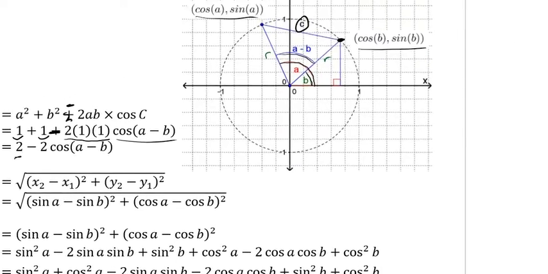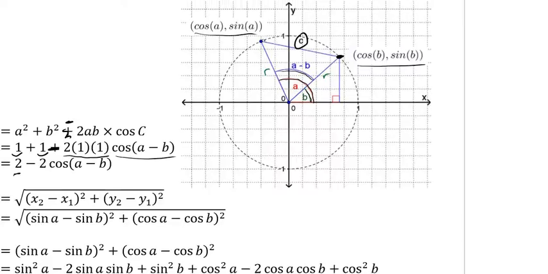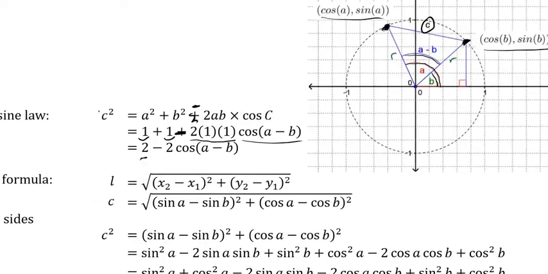And my x and y values are from these 2 points that we're looking at. So what we've done here is this first part is an expression for this length up here squared.